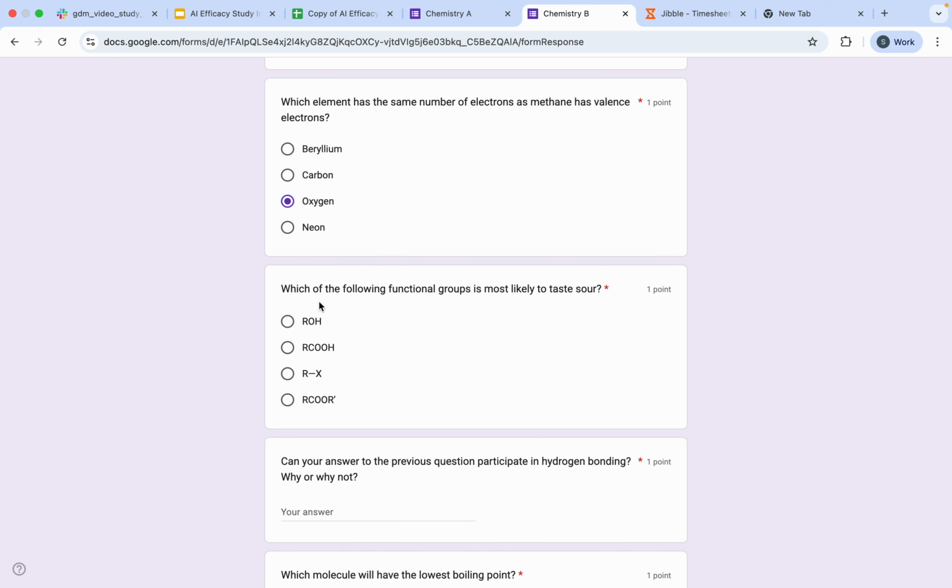Okay. Next is, which of the following functional groups is most likely to taste sour? ROH, RCOOH, RX, RCOOR dash. So I will go for RX.